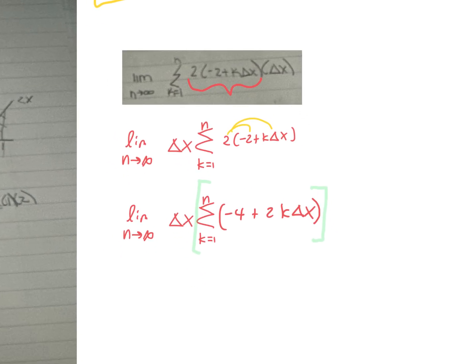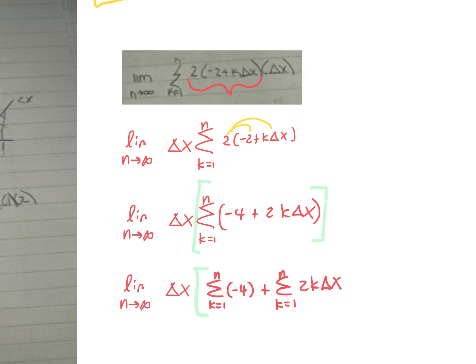And I think my student watching understands that that can be split. You can split that such that it looks like the following. I'll keep the brackets here. So it would be the summation of just that -4, in parentheses, plus the summation as it applies to this 2k delta x thing, right?